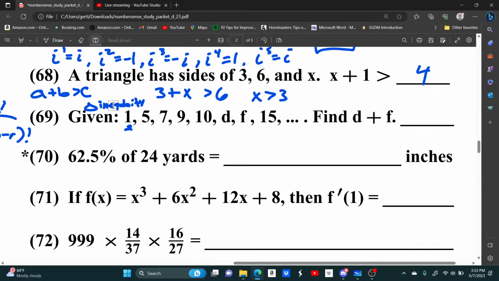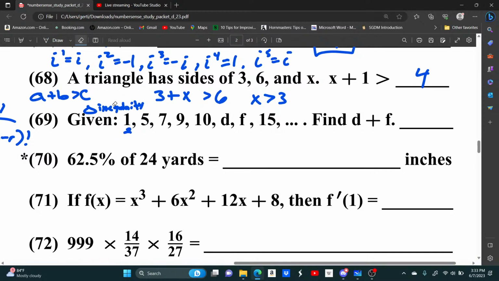No. Actually, let me just start writing some stuff. Maybe I'll stumble upon it. Okay, so here's primes.